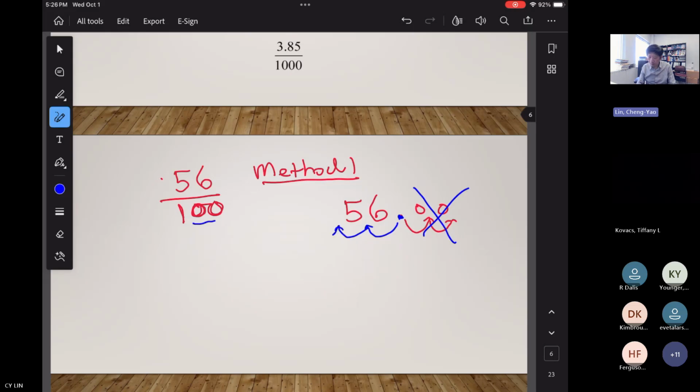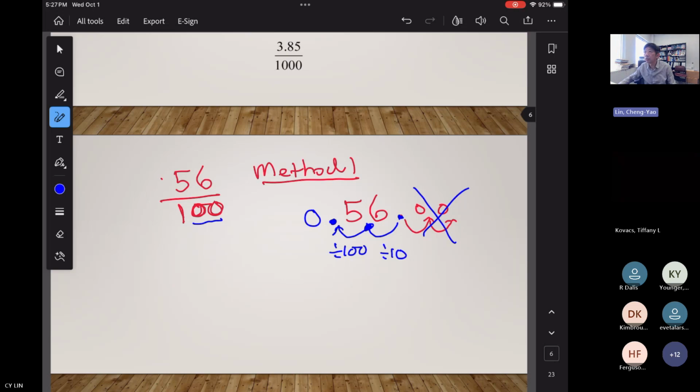Okay, what does this mean, why do we have to move 2? Because when we move 1, that means divided by 10. When we move the decimal point of 56 by 2, that means we divided by 100. So that's why we move to the left, right?